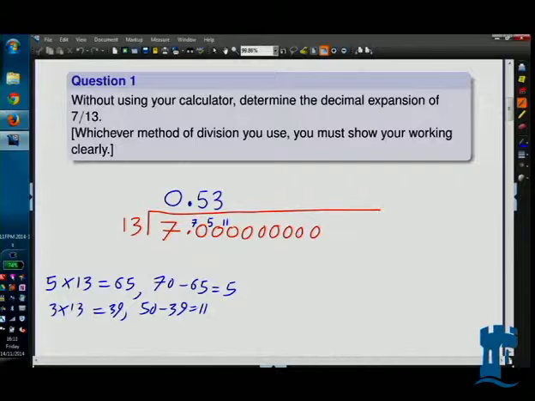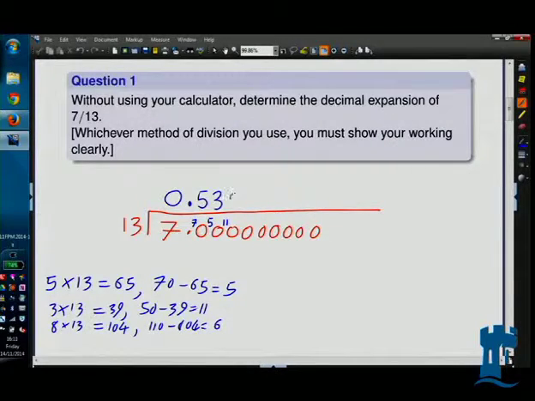So you can save yourself a bit of effort there. And now we have to figure out how many 13s go into 110. I've forgotten the answer to that, so yes, it's 8 remainder 6. So 8 13s is 104, so 110 minus 104 is 6.